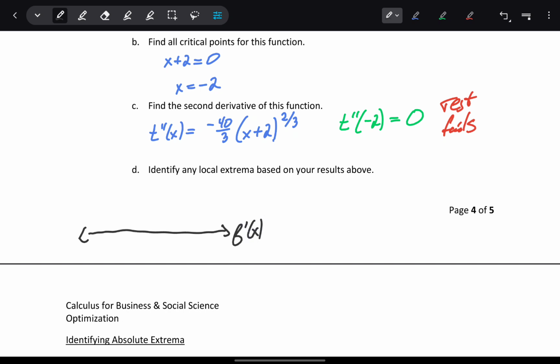That alternative approach is to look at the first derivative. We construct a sign chart, and we plot our 0 at x equals negative 2, and then choose points on either side of that as test points to plug into our function. We'll evaluate f prime at negative 3.